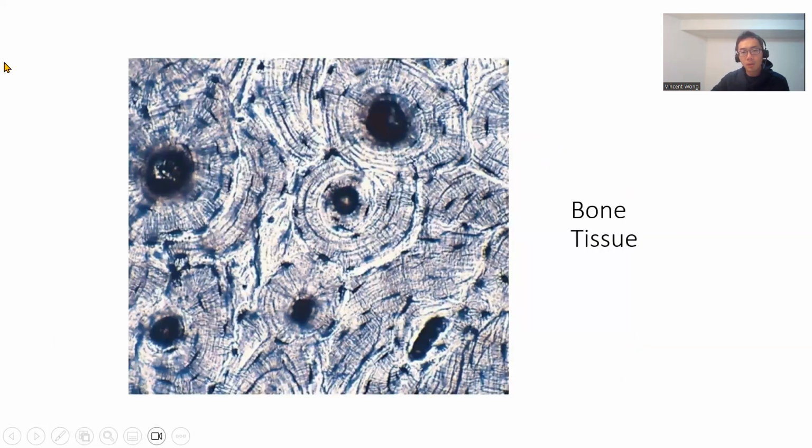This is what bone looks like when you cut it into very thin slices and you look at them under the microscope. All these structures are made up of calcium and phosphate, and you can't really see the bone cells but you just have to trust me. The bone cells live inside these little holes.